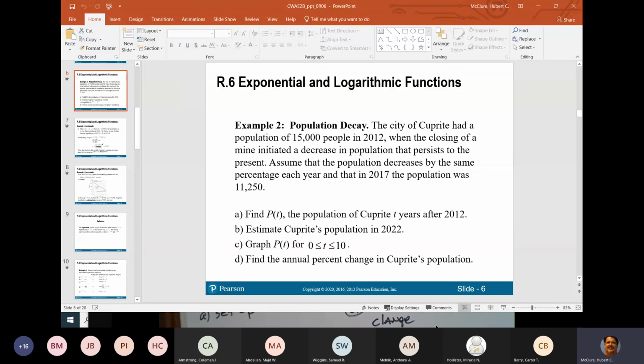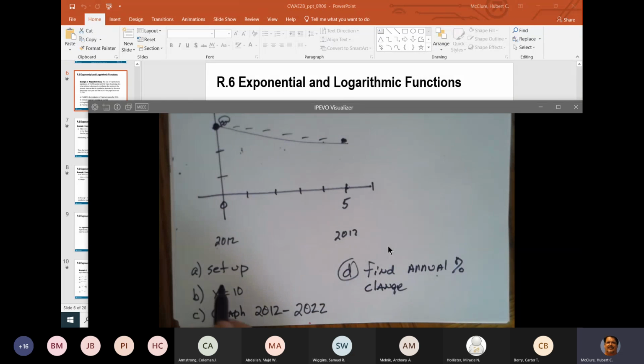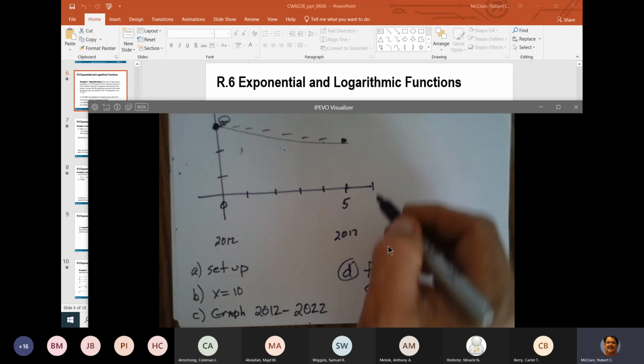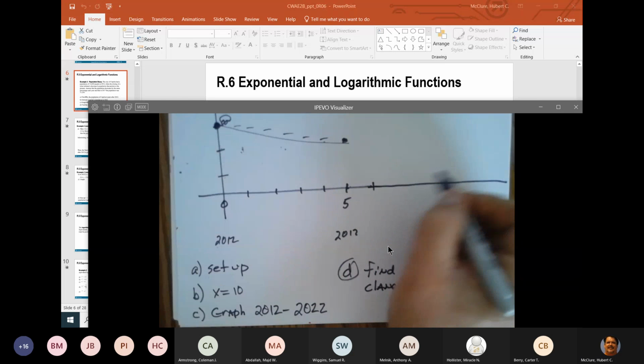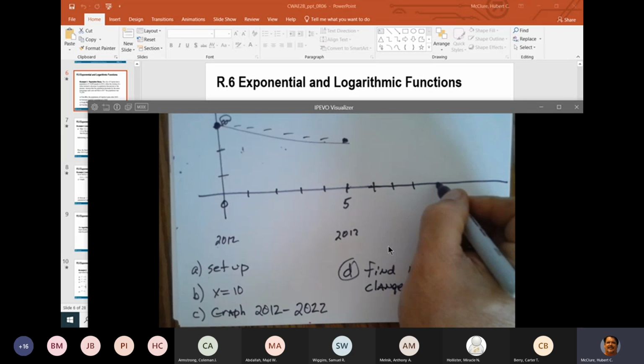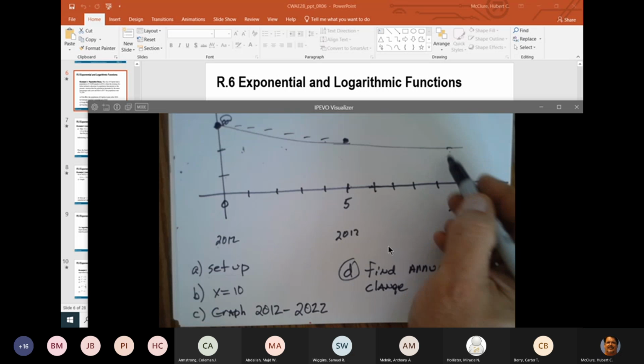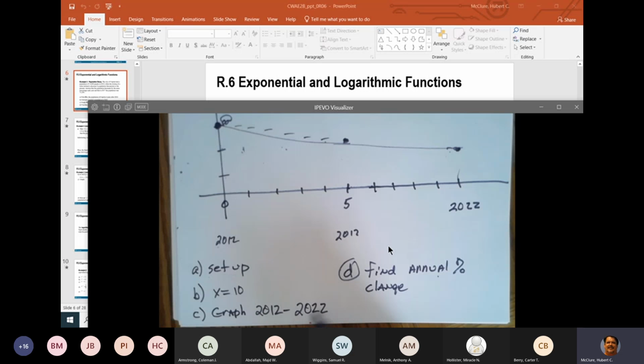Okay, so I just wrote down what they did. That's all I did. I just wrote down setup. You're going to set up the problem. X is equal to 10 because they want to know 2022. So that's 5, 6, 7, 8, 9, 10. That's going to be 2022. And I guarantee you it's going to be somewhere right in there.